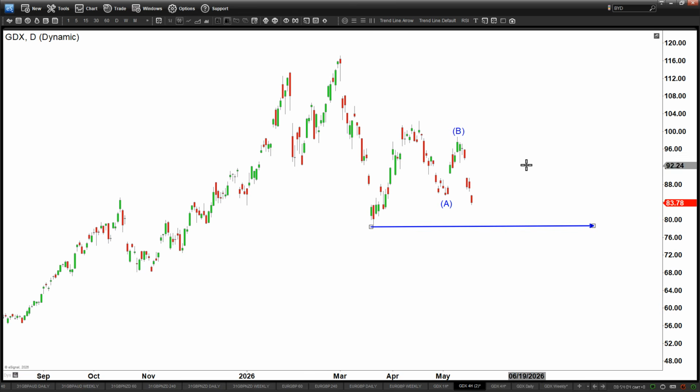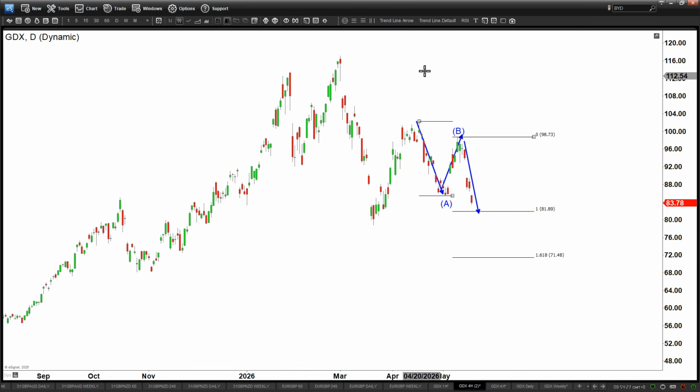But if it holds, then potentially this latest correction, this sell-off that we have, potentially can soon find support, right? So if we take a look here, this is A, B, C, then you should find support around 82, right? Around 82.